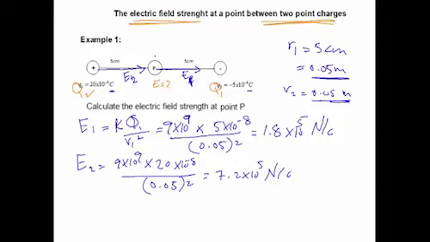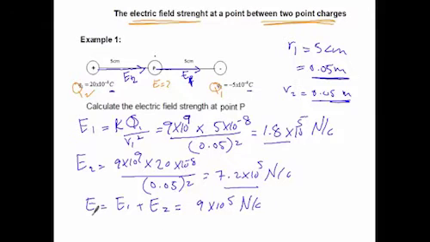And we have E1 and E2 both in the same direction. So our E total will be E1 plus E2. We add them and get 9 times 10 to the 5 newton per coulomb, and the direction will be to the right, because both are to the right.